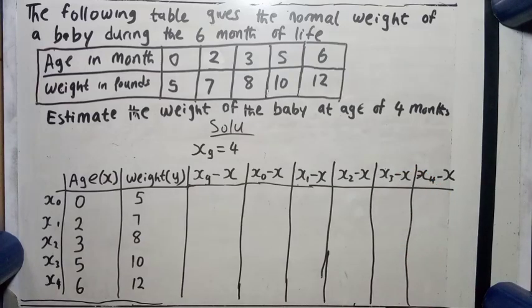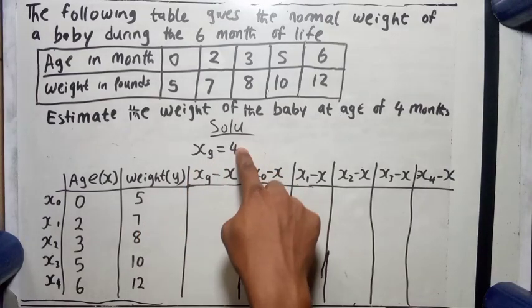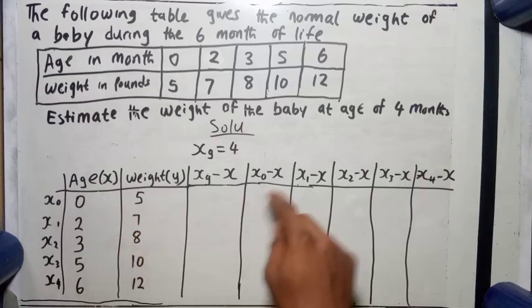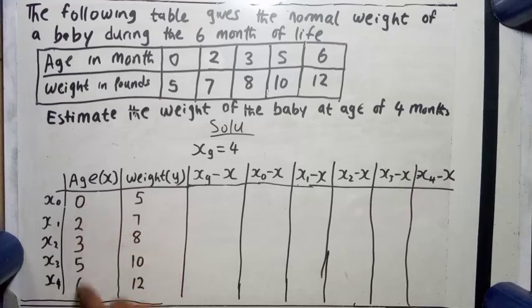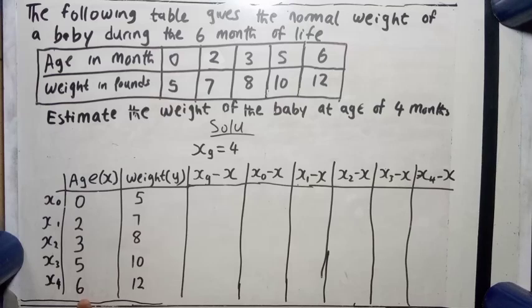So remember we created a column for xg minus the whole of the x values, then x0 minus the whole of the x values, then x1 minus the whole of the x values. So we are going to be making use of this.